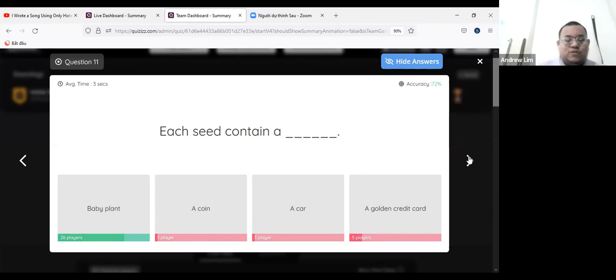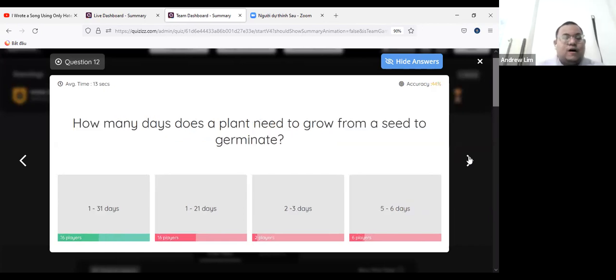All right, next question, please. How many days does a plant need to grow from a seed to a baby plant? Well, based on what we learned in lesson 3, it takes 3 to 21 days for the seeds to grow into seedlings. I think there's something wrong with this question, whereby there's some misunderstanding.